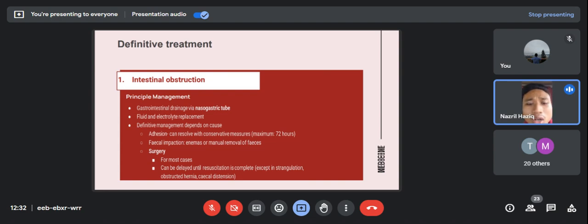So patients have already lost a lot of electrolytes, so we need to give fluid and electrolyte replacement. Usually we give normal saline. And usually the patient presents with abdominal distension, and we can do gastrointestinal drainage via nasogastric tube. And then for the treatment, it depends on the cause of the intestinal obstruction. Okay, next.